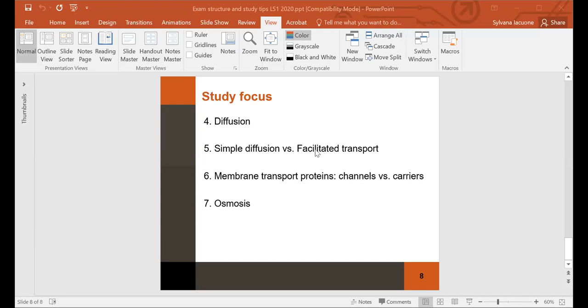So really make sure you've got a really solid grasp on these concepts. Also, membrane transport proteins, that is channels versus carriers. What are the differences, similarities and differences? And make sure you've got a very good understanding of the concept of osmosis.